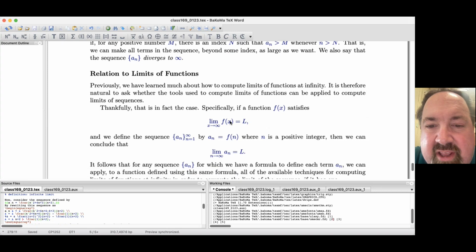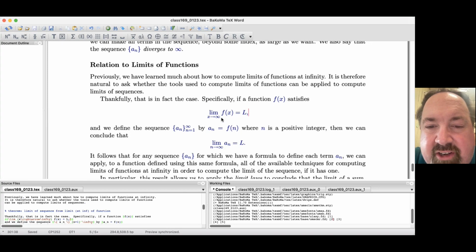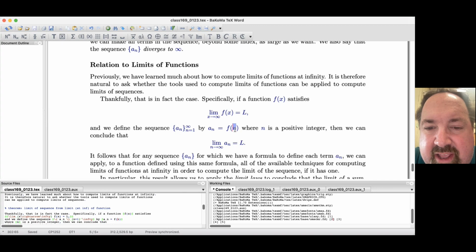So if a function f of x has a limit L as x goes to infinity, and you define a sequence by evaluating f at the natural numbers, then the sequence is going to have the same limit as the function.